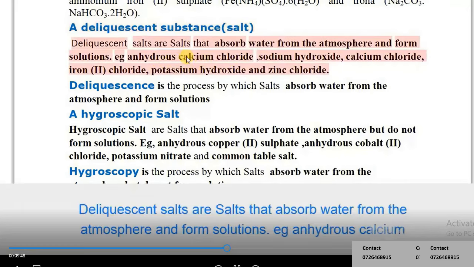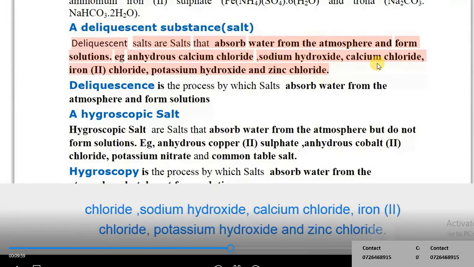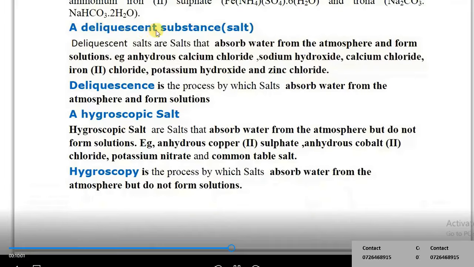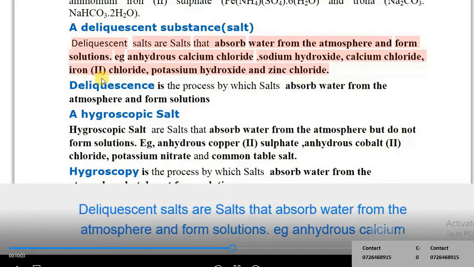Actually, anhydrous calcium chloride is used as a drying agent because it absorbs atmospheric moisture. Sodium hydroxide is another deliquescent substance. Calcium chloride is another deliquescent substance. Iron 2 chloride, potassium hydroxide and zinc chloride, all of those are deliquescent.